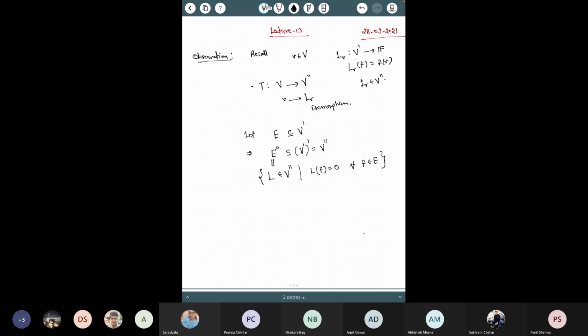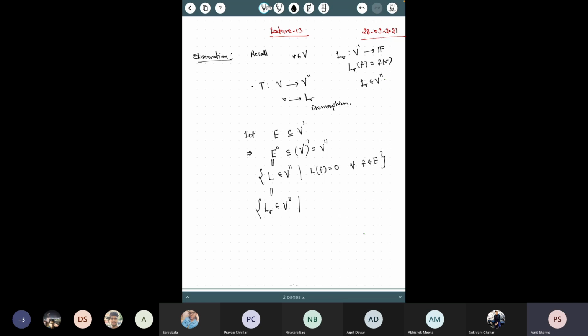Now, what is this quantity on the left-hand side equal to? Because of this isomorphism, for every L I know that there exists a vector v in the vector space V such that L is equal to L subscript v.